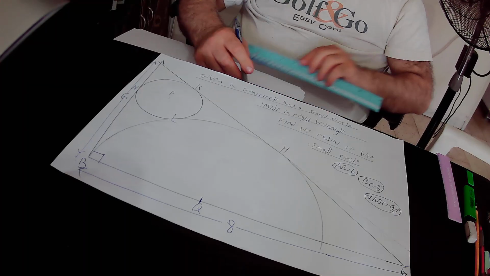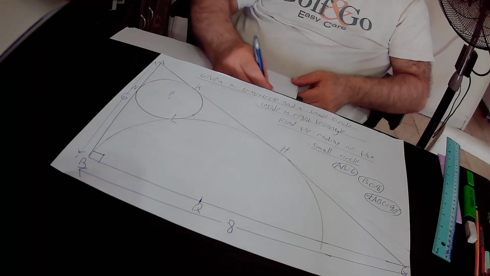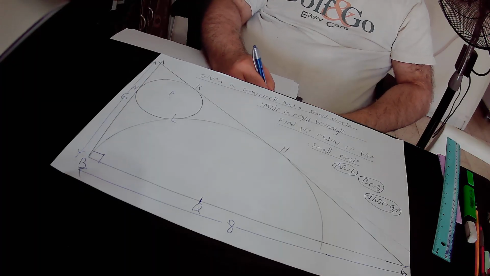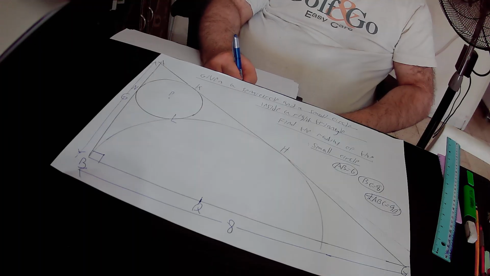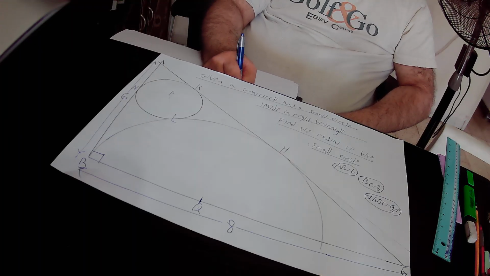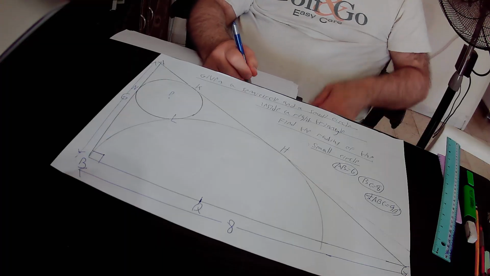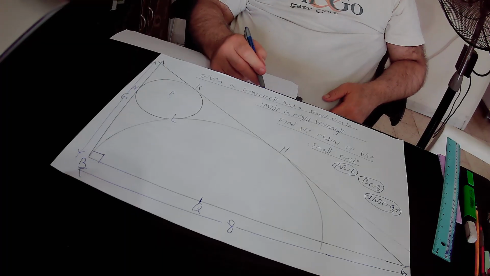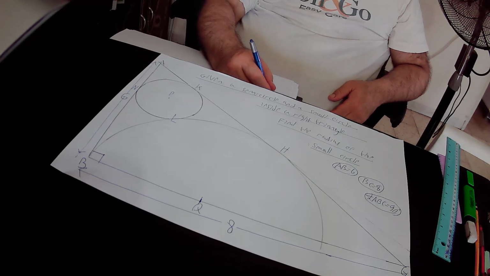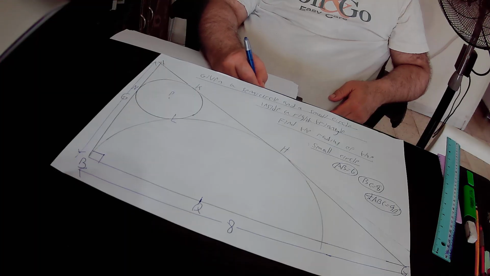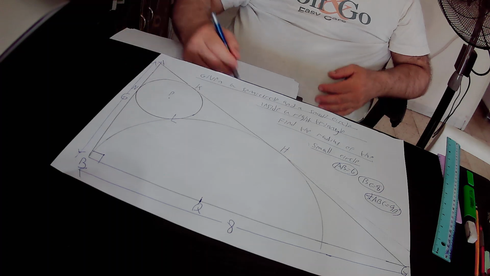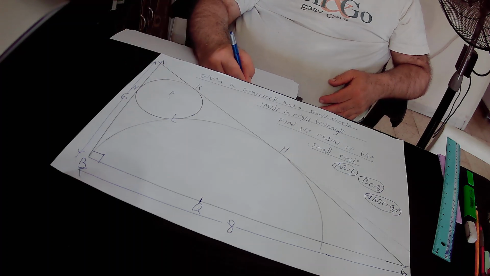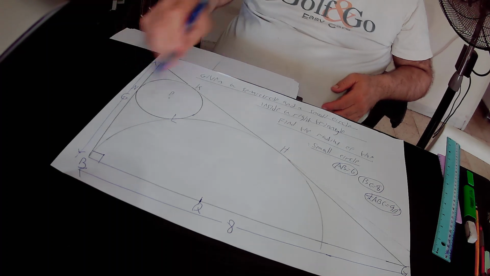So AC square equals AB square plus BC square. AC is the missing side, so we leave it as it is. AB is 6, therefore AB square is 6 squared, that is 36, plus BC square.